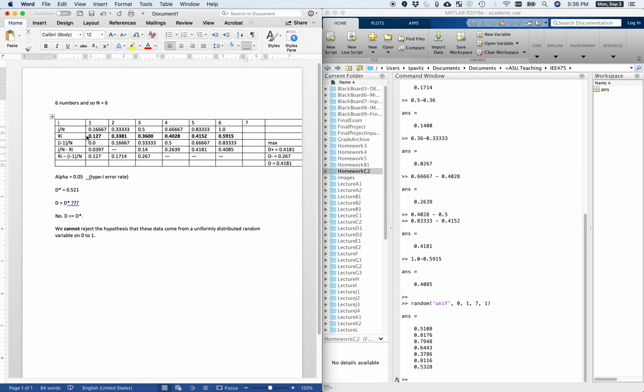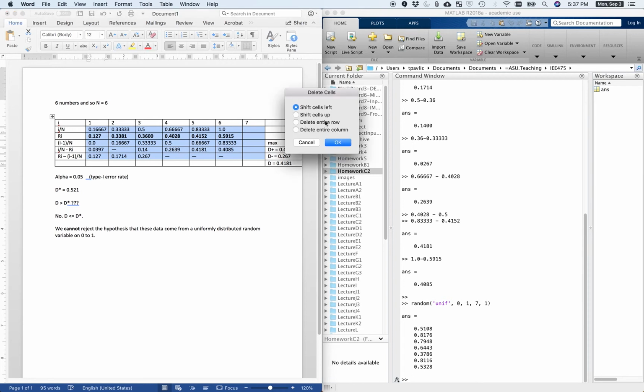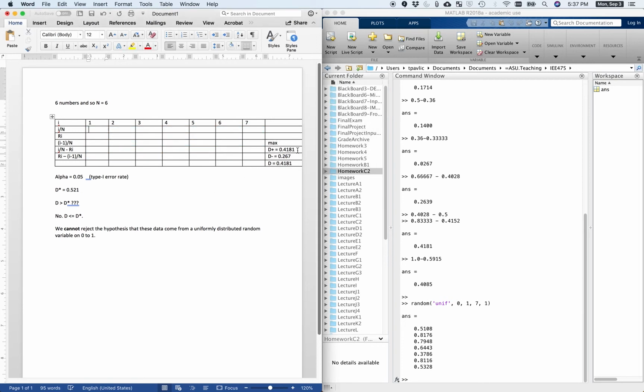Now I can get rid of all of the data in the table, so I just want to clear those cells. Now that you've seen how we set the critical value, I may as well update this right now.